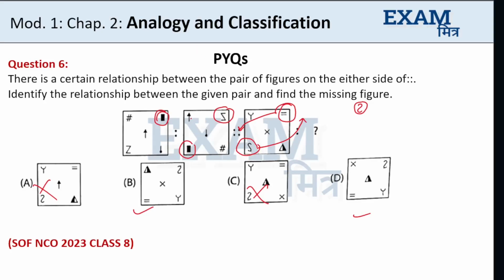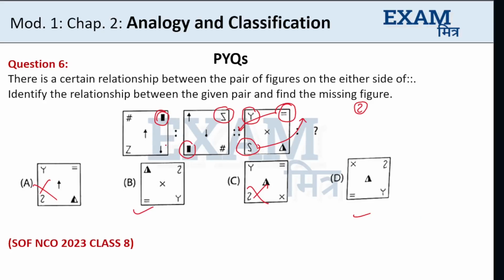Now observe this. This hashtag was top left, but in the next figure it came to bottom right. So that means this Y will come to bottom right as well. Both B and D have that Y at the bottom right. That means we need to think more. Okay.